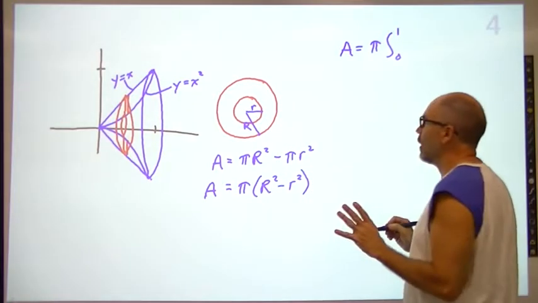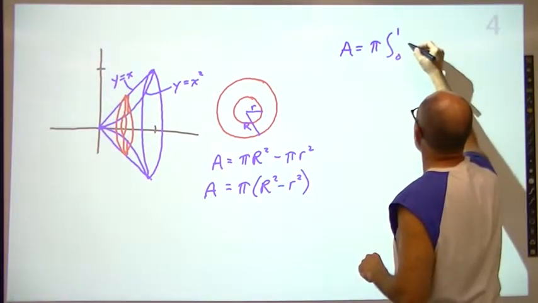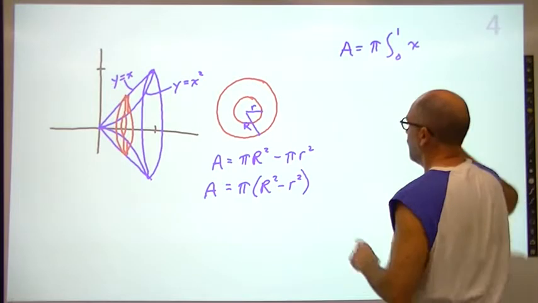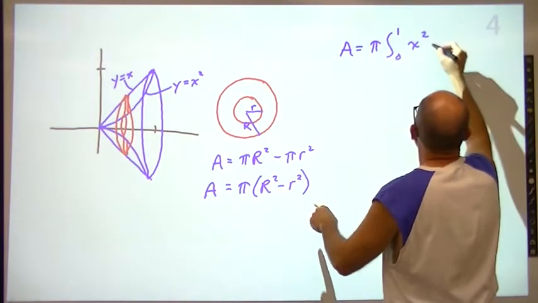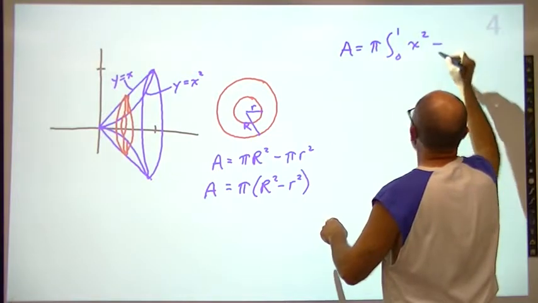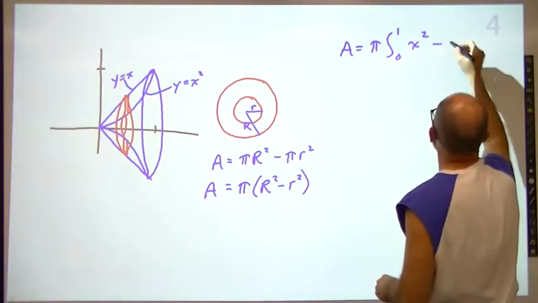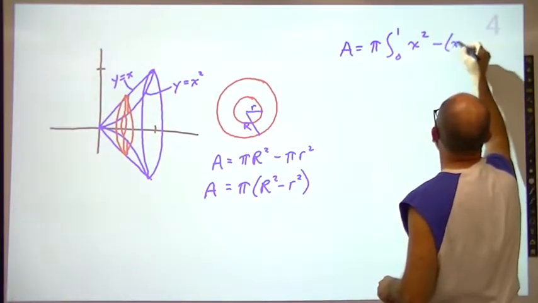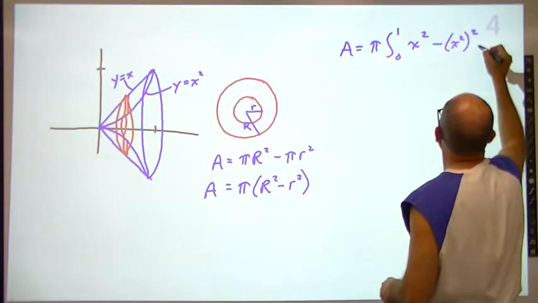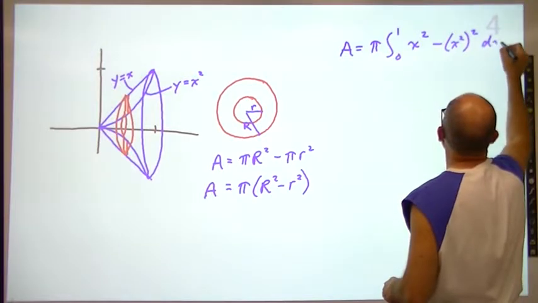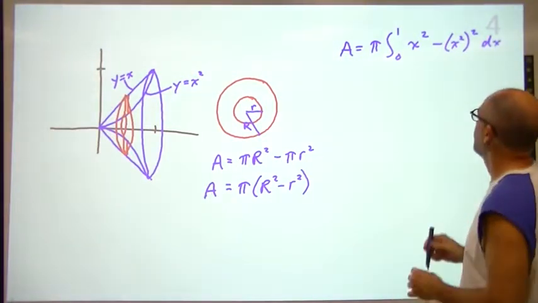So the capital R is y equals x. So capital R squared minus small r, which is x squared, and we're squaring that. And then we have the thickness of each washer.